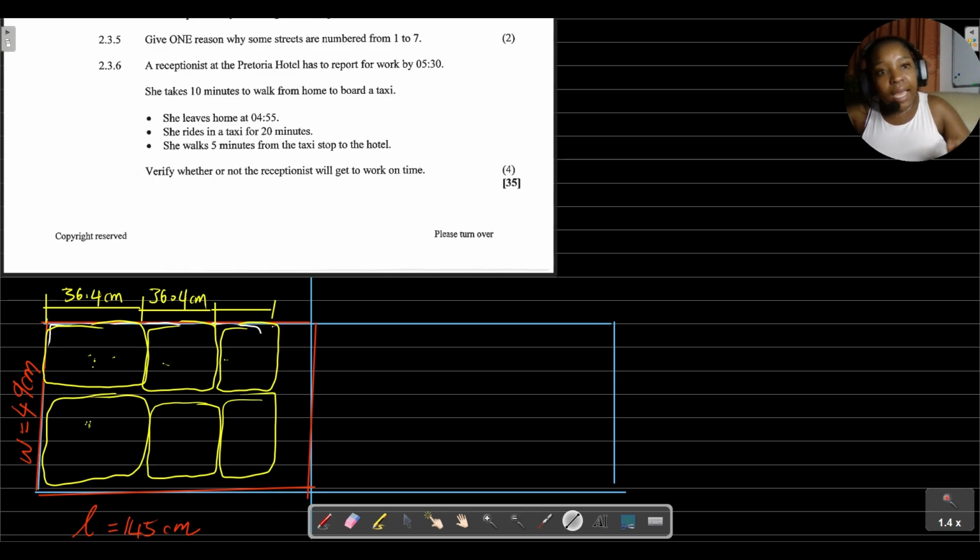So I want to see how much space I used along the length. If we take 36.4 and multiply by 3, how much do we get? You see that along this length I've actually used 109.2 centimeters.